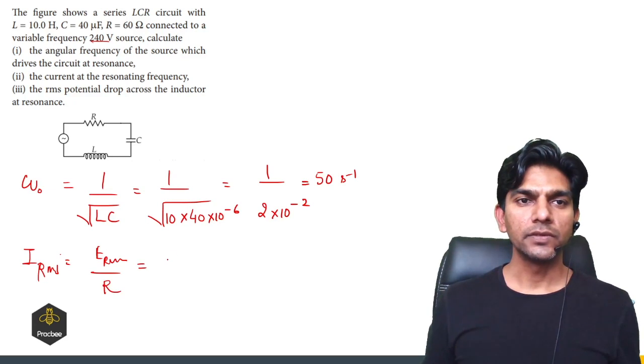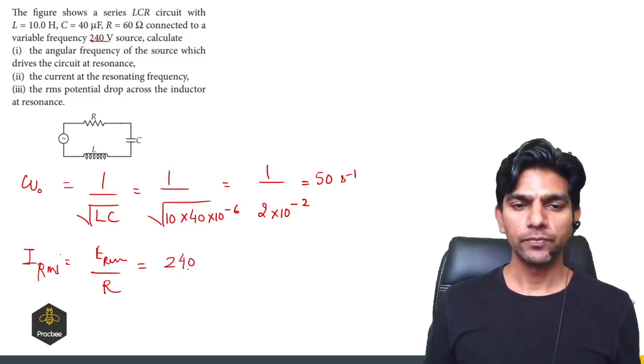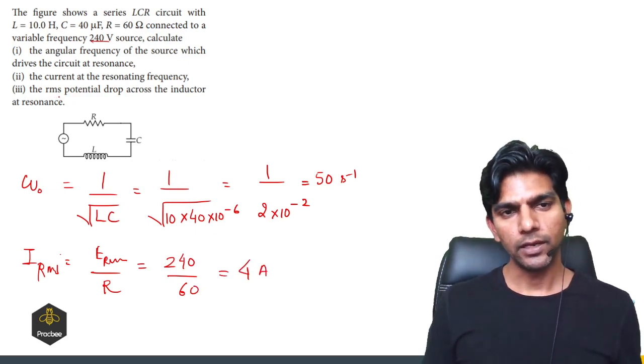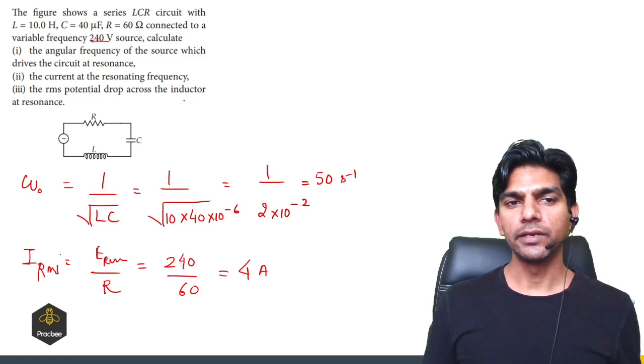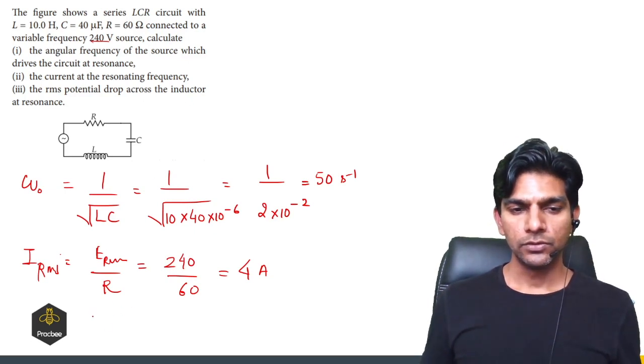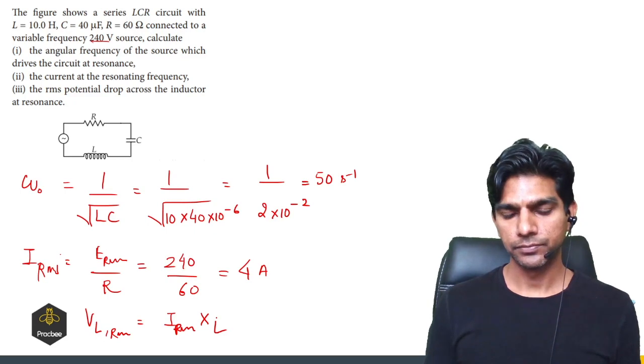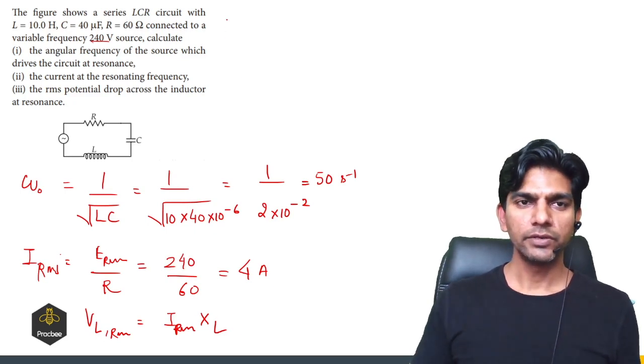ERMS is given as 240 and the resistance is given as 60, so it will be 4 ampere. Now the third part, the RMS potential drop across the inductor. So the potential drop across the inductor will be IRMS times the inductive reactance. Now what is the inductive reactance?